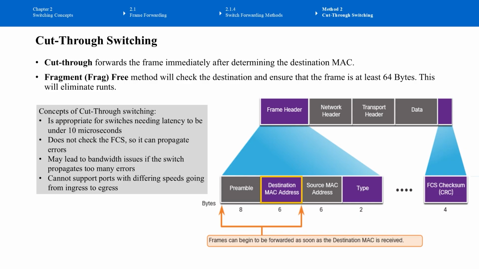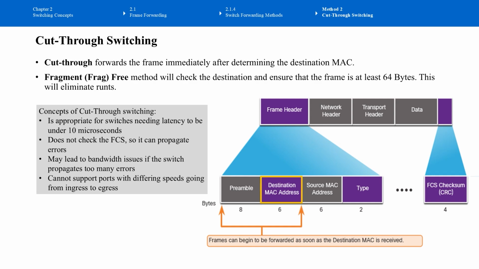The concept of cut-through switching is appropriate for switches needing latency to be under 10 microseconds. One microsecond is one millionth of a second, so here we have ten millionths of a second, which is pretty fast. It does not check the FCS, so it can contain errors. For certain communication, having many errors is not too crucial, so you may use the cut-through switching method.